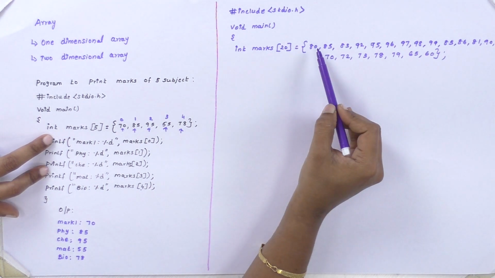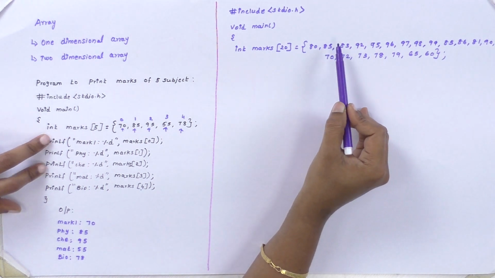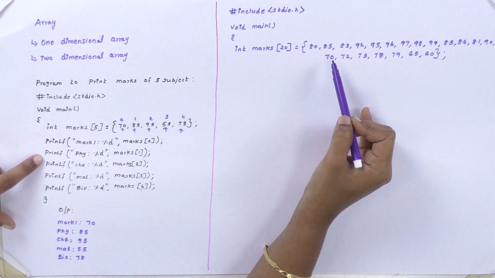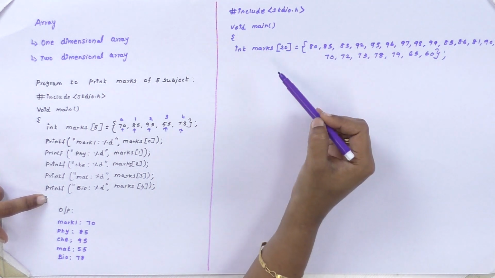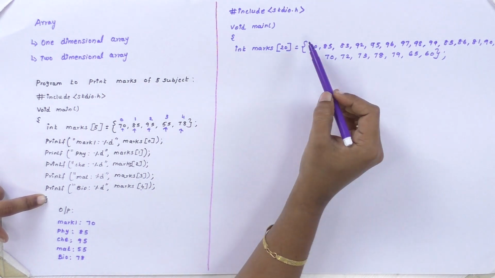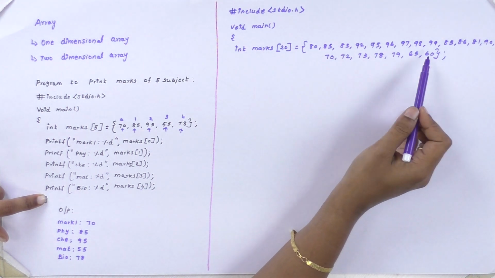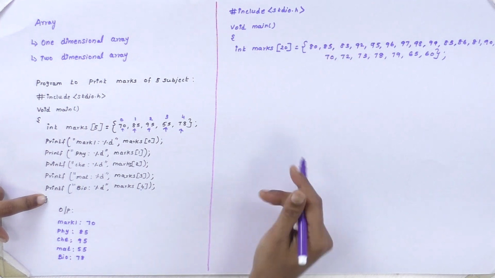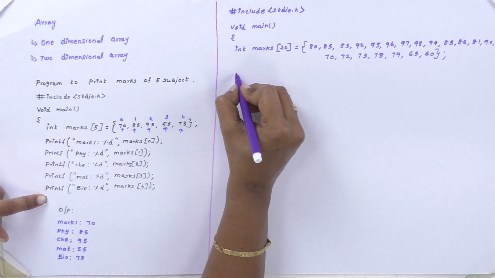If we want to access these values without using a for loop, you have to write inside a printf statement, every value by using an index element, for example marks of 0, marks of 1, up to 20 times you have to write. So in that case I am going to reduce the size of the program by using the for loop statement.